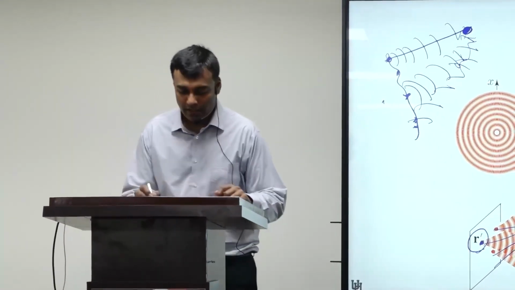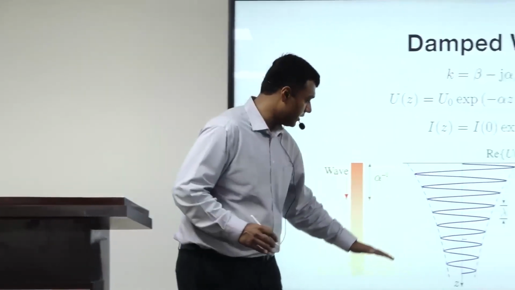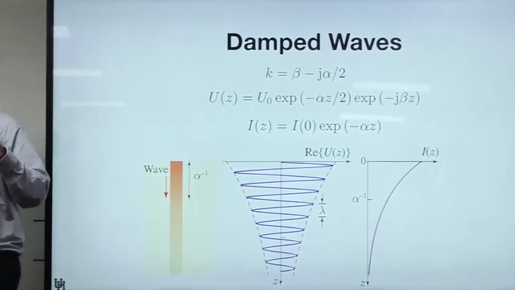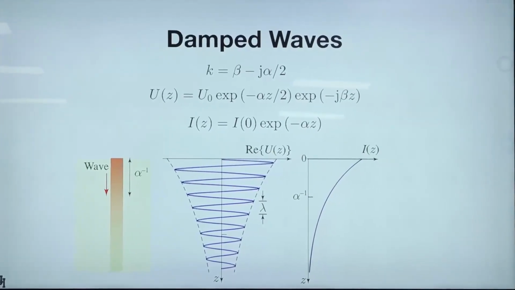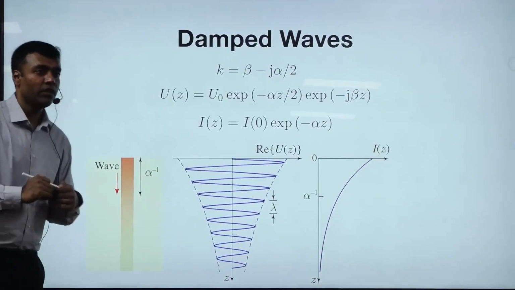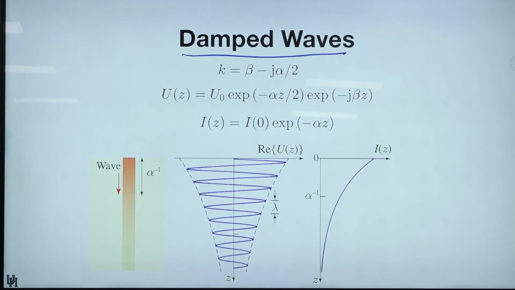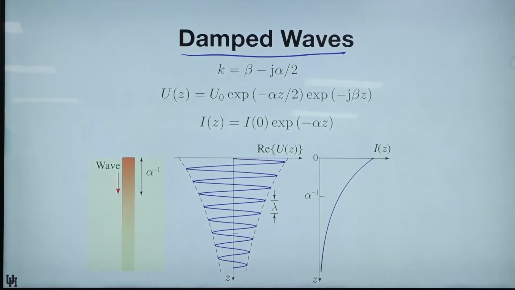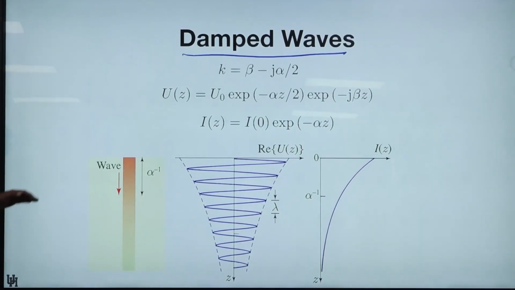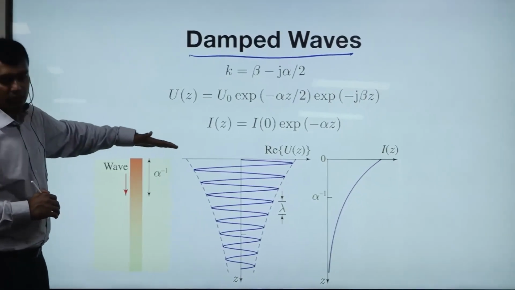The question then is, if it is not going through air, but through some kind of medium which absorbs some of the light, how do you figure out how light propagates through a medium? In that case, what happens is basically damped waves, or damping. You start with a certain wave intensity at the top.